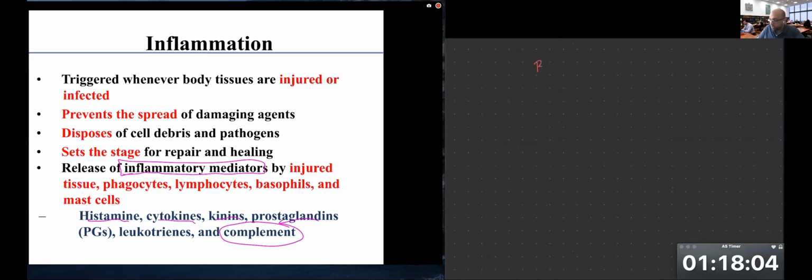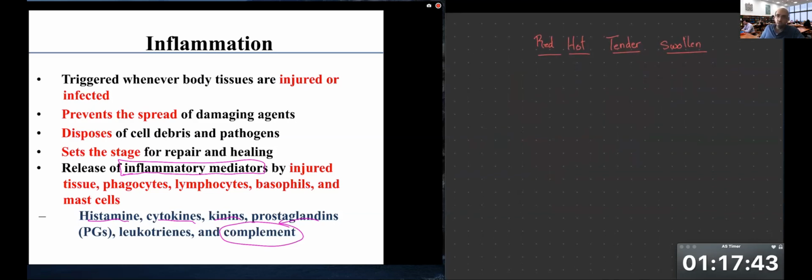If you remember, it's going to be red, it's going to be hot, it's going to be tender, painful, and it's going to be swollen. What causes all this? Again, inflammation in two words is going to be blood vessel dilation.